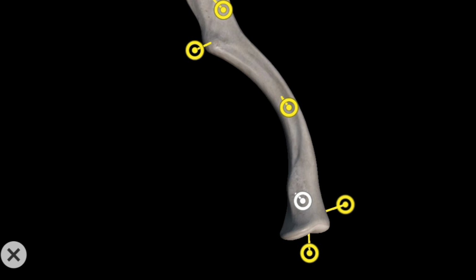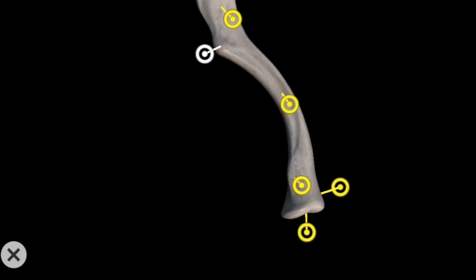This is the medial part or sternal part of the clavicle. Here is the groove for the subclavian vessels. Here is the tuberosity known as the conoid tubercle for the coracoclavicular ligament. This is the inferior of the clavicle.